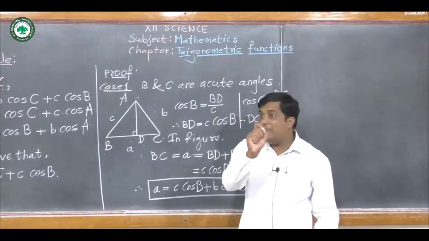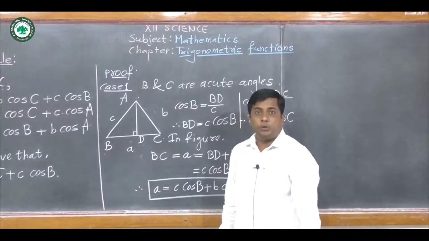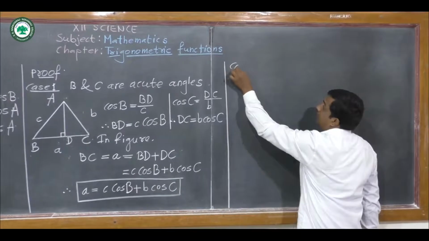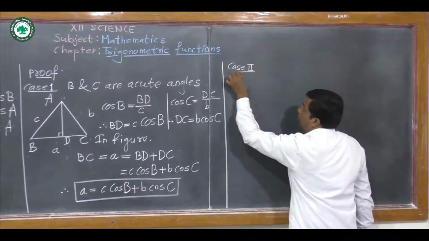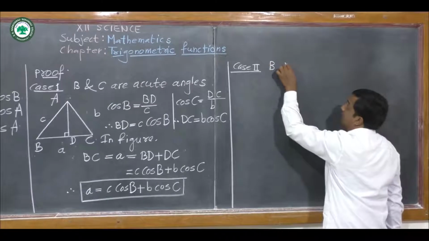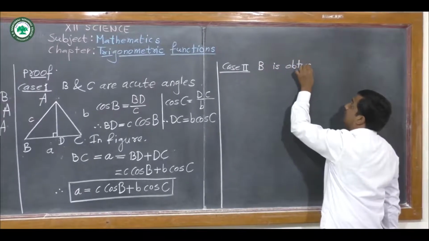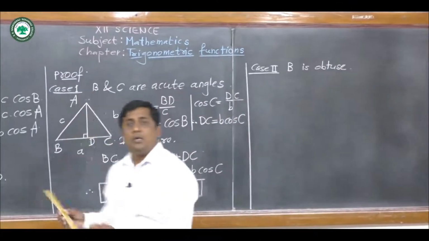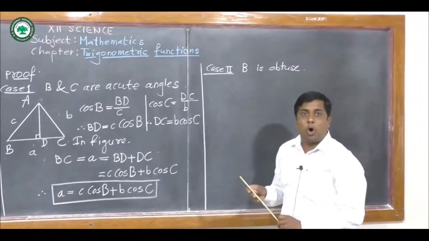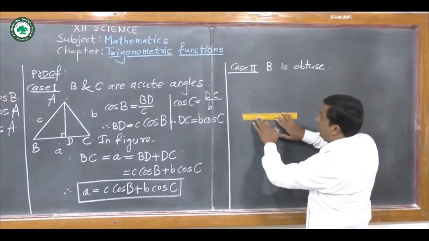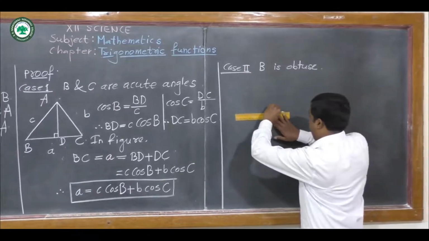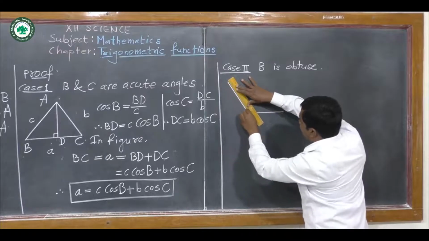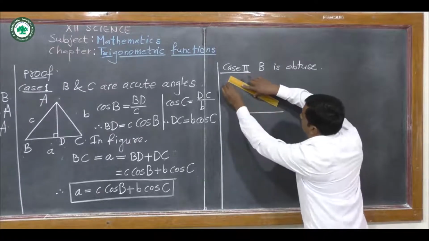In the second case, we consider B is obtuse, and to prove this relation again, we consider a triangle ABC in which B is obtuse.